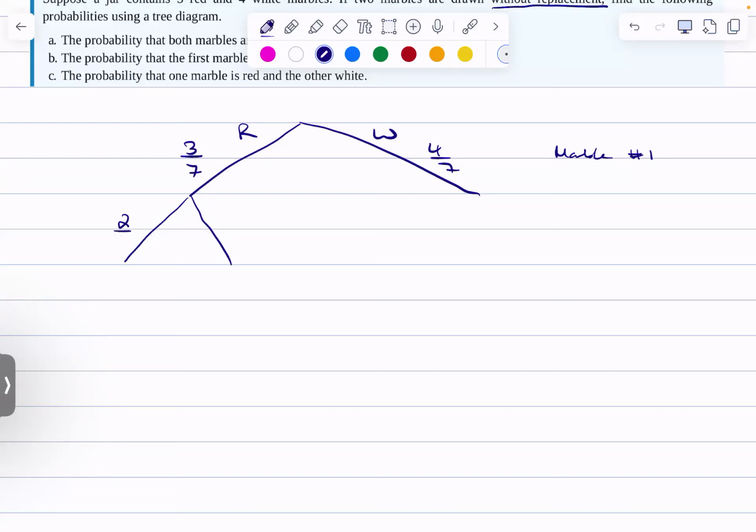And 2 out of those 6 are red. And the remaining 4 out of 6 are white. If I drew a white marble initially, then I still have the 3 red marbles out of 6, and I have 3 out of 6 white marbles. Marble number 2.